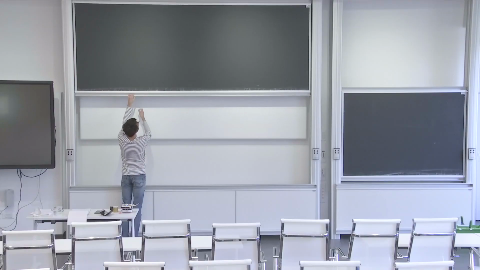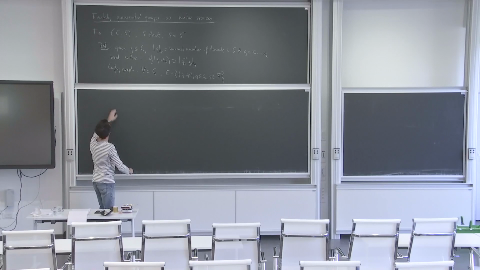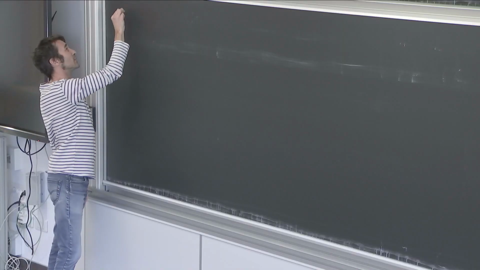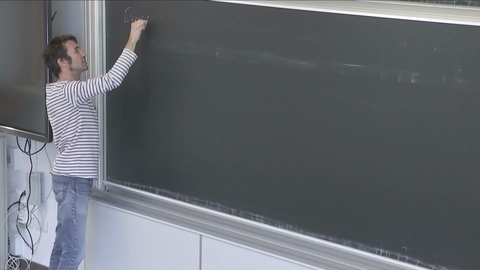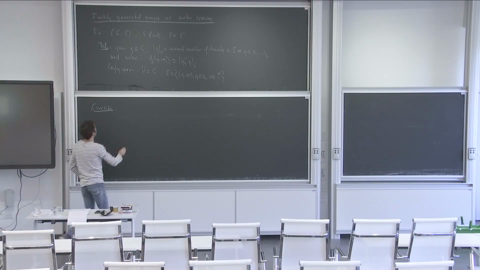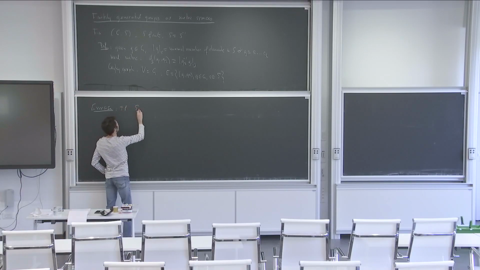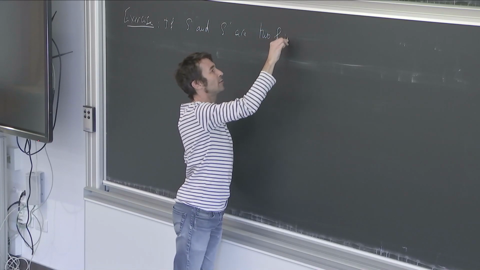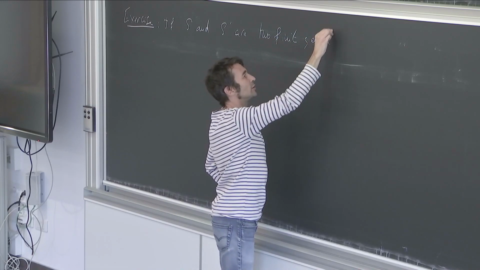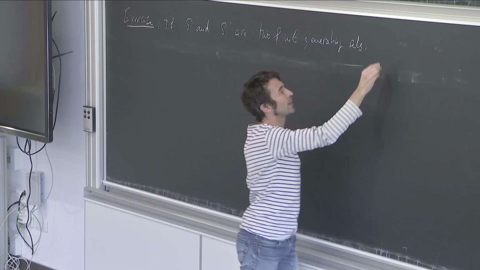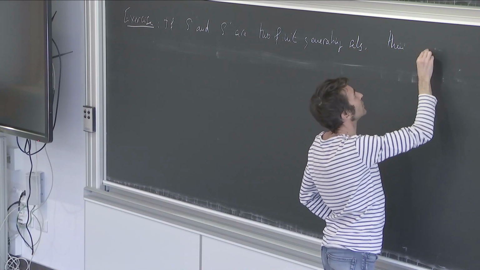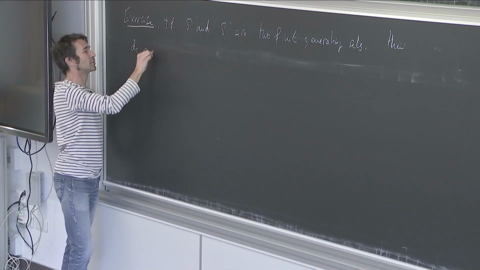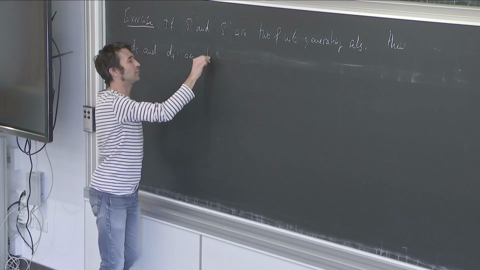So the first remark that I will leave as an exercise is that if S and S' are two finite generating sets, then the word metrics d_S and d_S' are bi-Lipschitz.